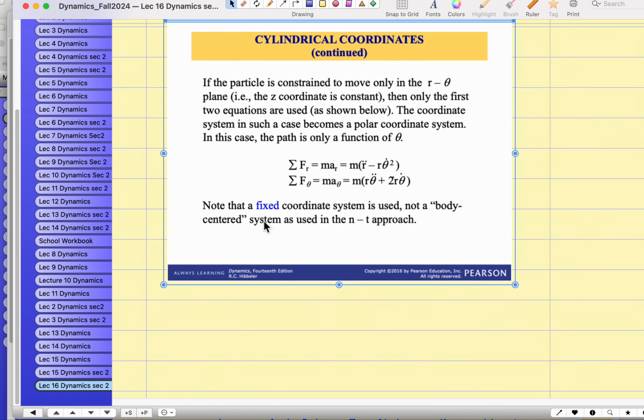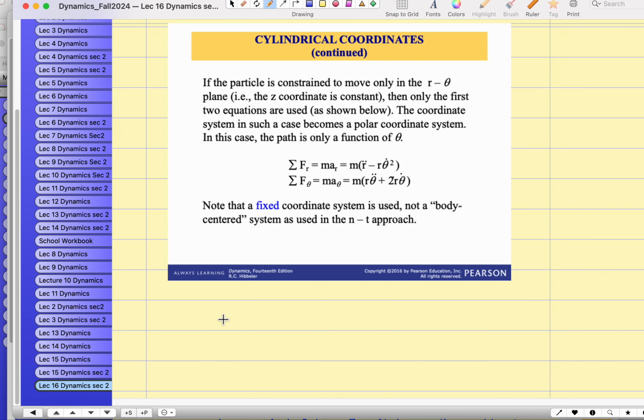The radial acceleration is r double dot minus r theta dot squared. For the transversal acceleration, we have r theta double dot plus 2 r dot theta dot.